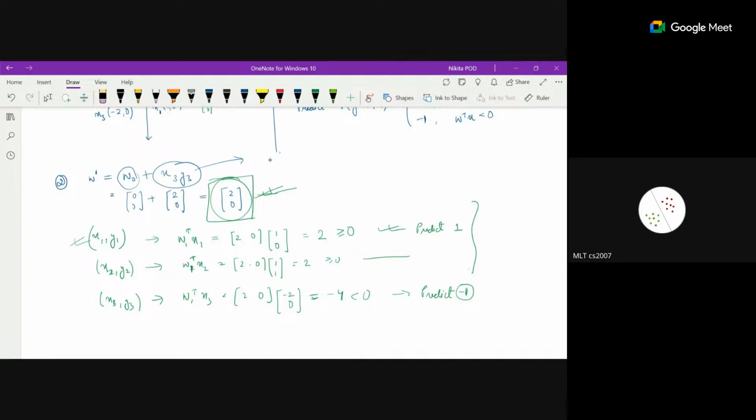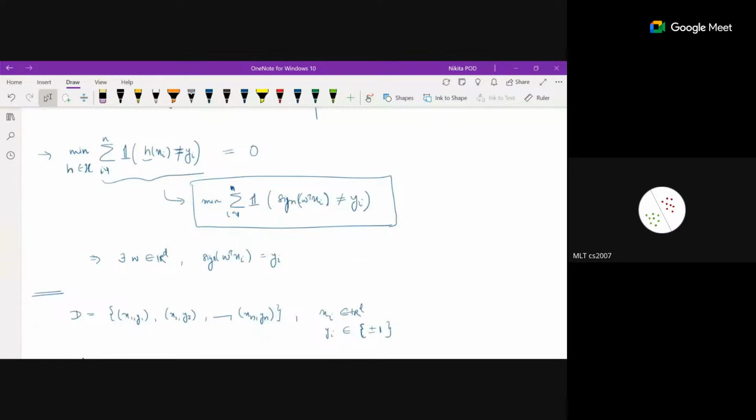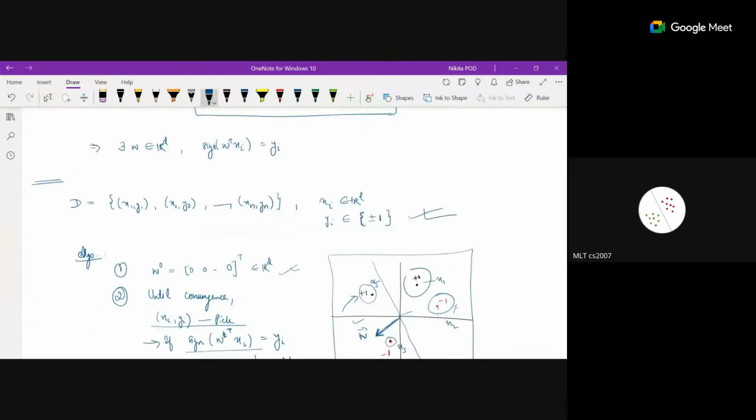That's why assume y to be ±1. That's why even in the starting, I had written that yi belongs to ±1.